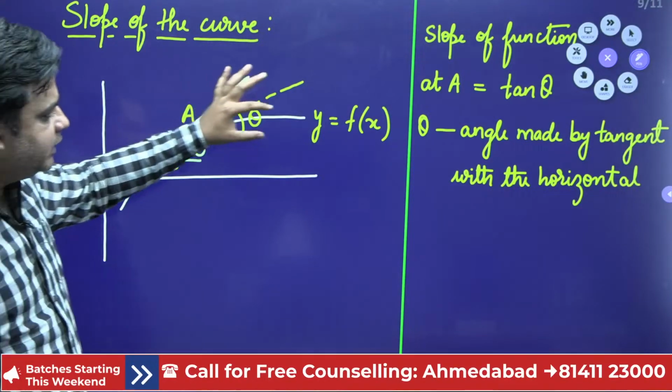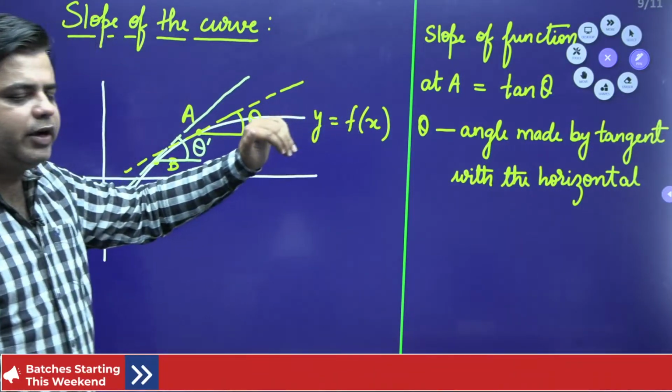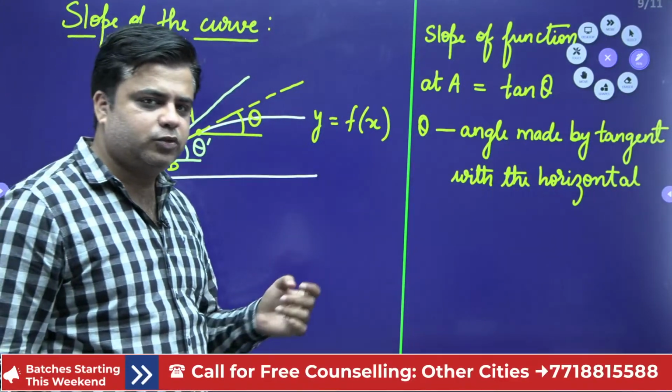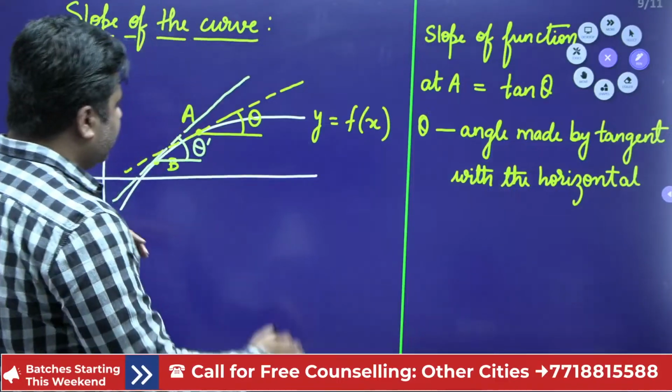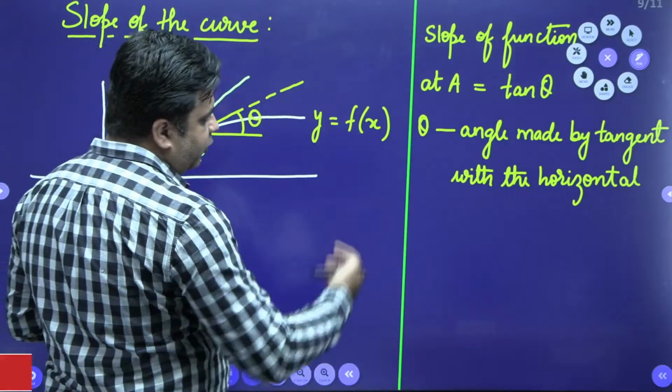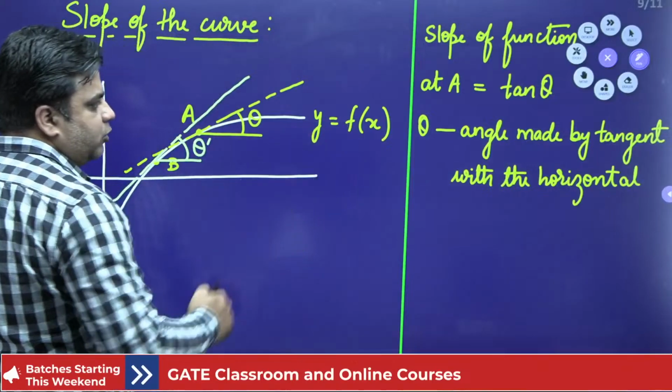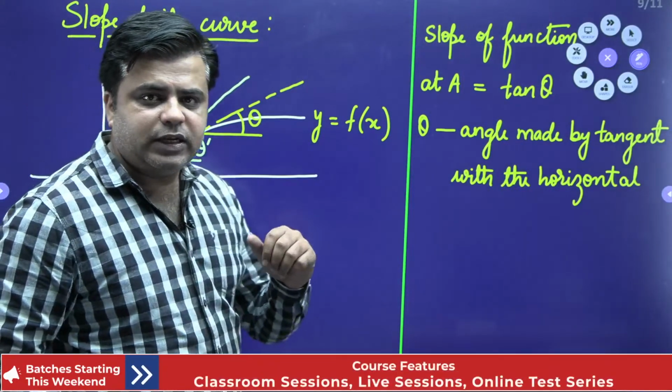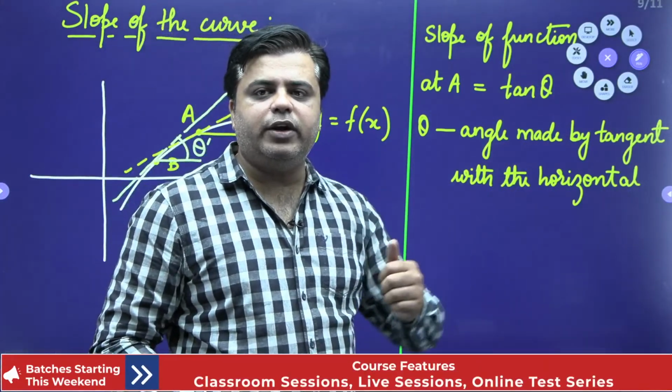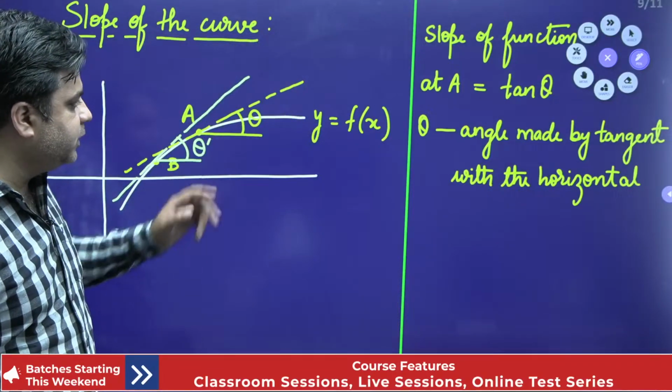So with the changing value of the function, you are going to have a changing value of the slope. So at different points, you have different values of the slope. How the function is defined will define how the slope is changing.